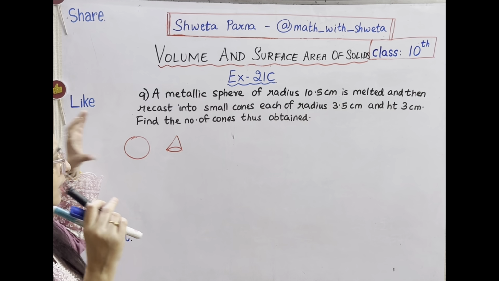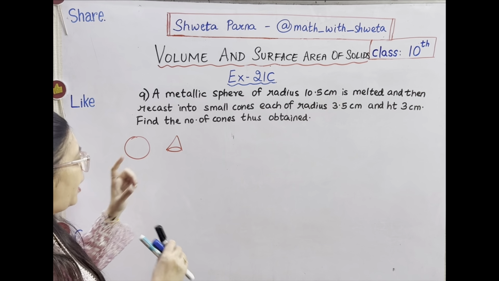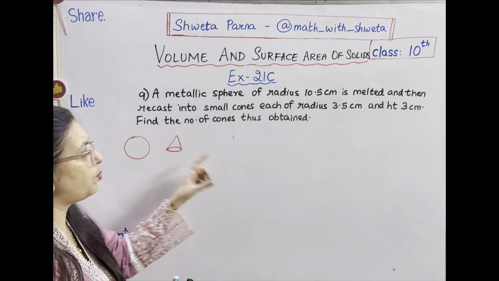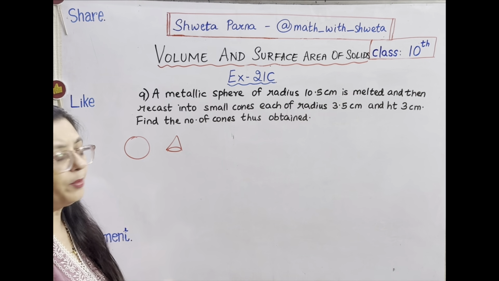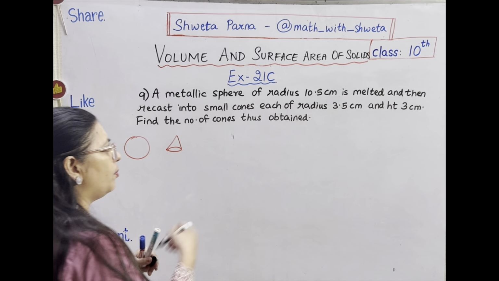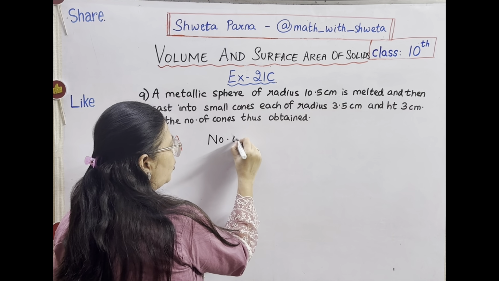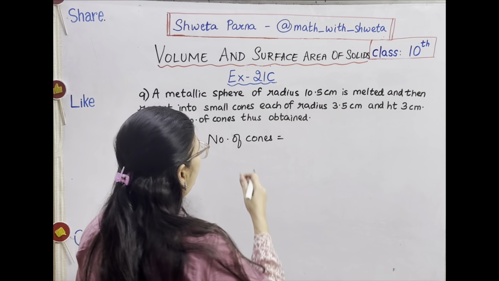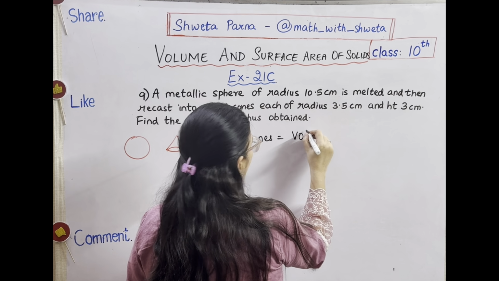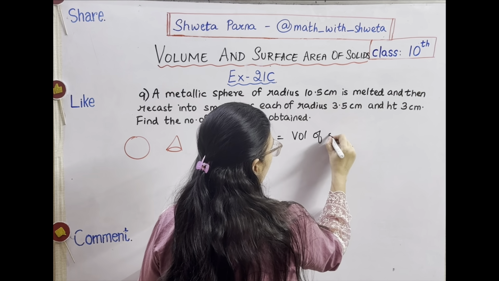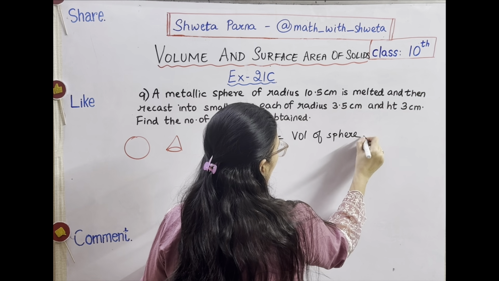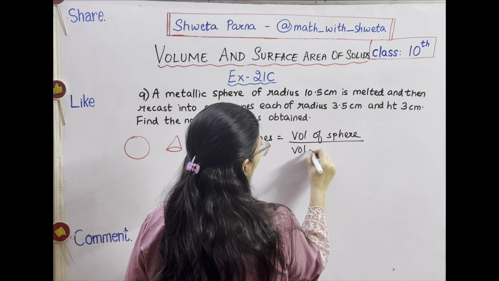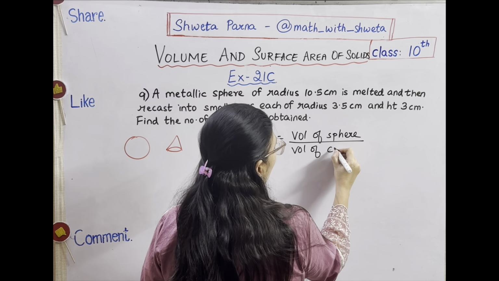So the sphere is melted and from that material smaller cones are made. So how many cones? What is the formula to find the number of cones? The number of cones, or number of bullets, or number of anything that we are going to find, is equal to the volume of the sphere upon the volume of each cone.